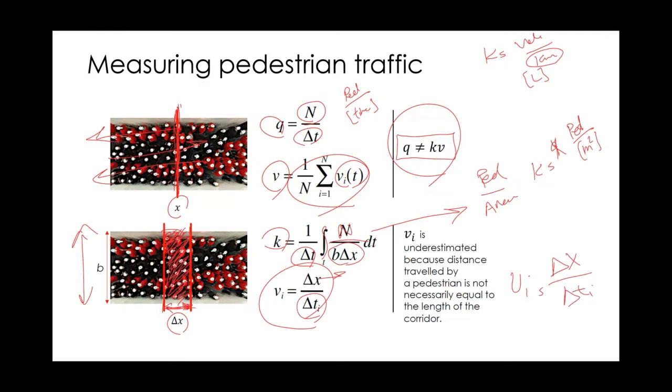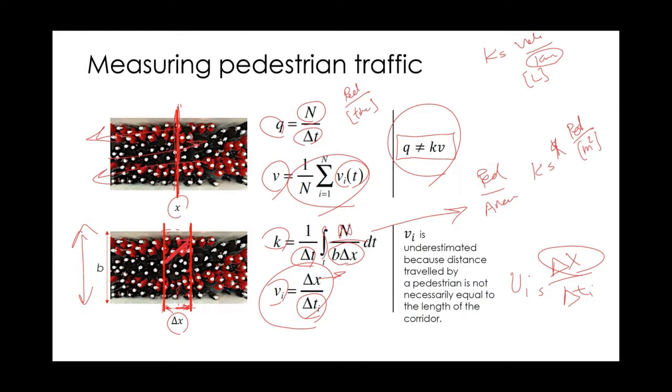This is also not exactly correct because v_i in this way is underestimated, mainly because the distance traveled by the pedestrian is assumed fixed. So this delta X is assumed fixed. It is assumed that the distance traveled by every pedestrian through this area is exactly delta X, which is not exactly correct because a pedestrian may actually go this way, for example, to cross this area.